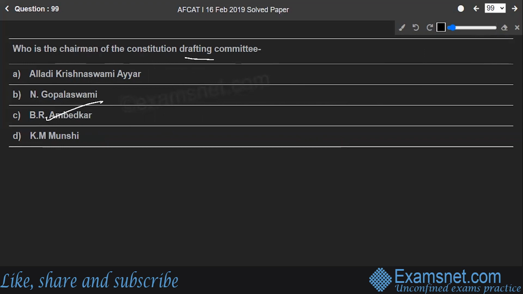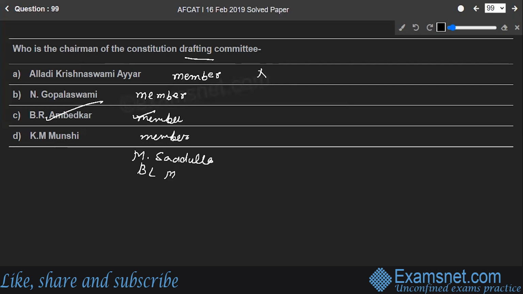The drafting committee had 7 members, which included Alladi Krishnaswamy Iyer, he was a member, N. Gopalaswamy, he was also a member, B.R. Ambedkar and K.M. Munshi, then Muhammad Saadullah, B.L. Mitter, D.P. Khaitan.